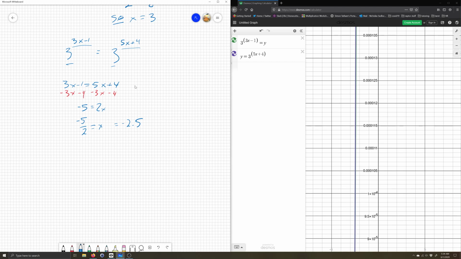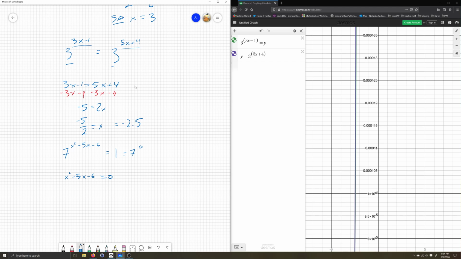I could do something more complicated, like 7 to the x squared minus 5x minus 6 equals 1. Because 1 is 7 to the 0. So this is the quadratic equation x squared minus 5x minus 6 equals 0.